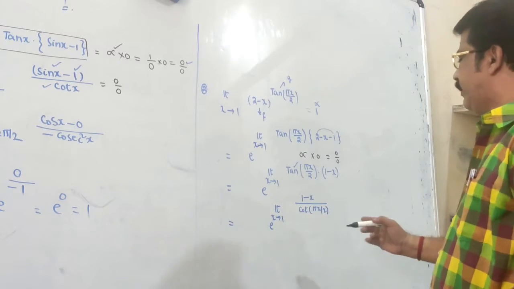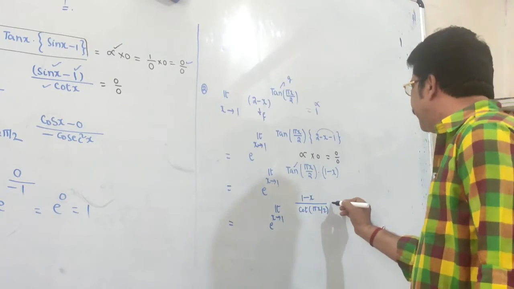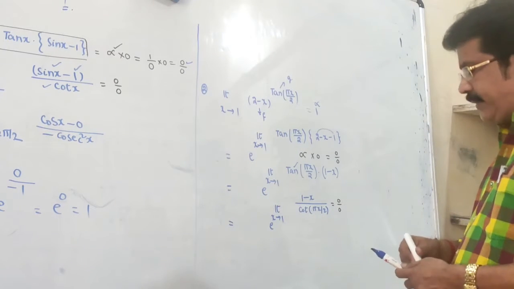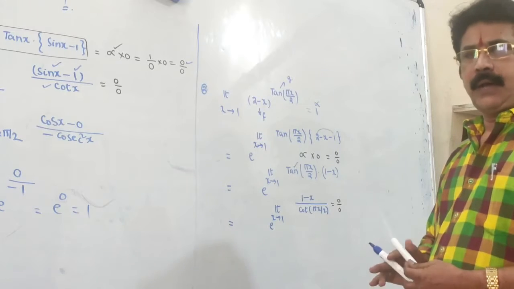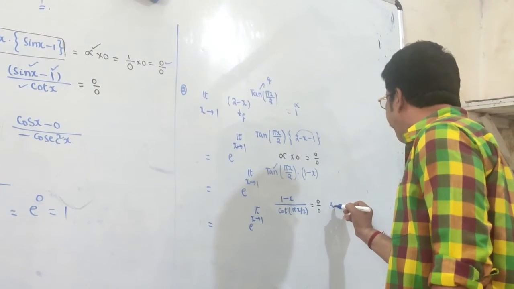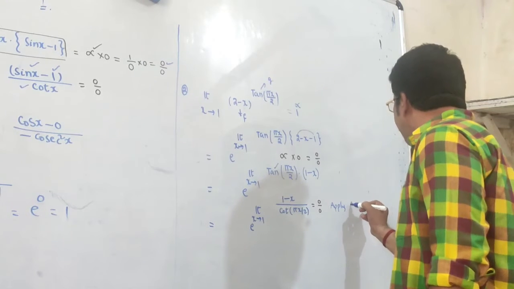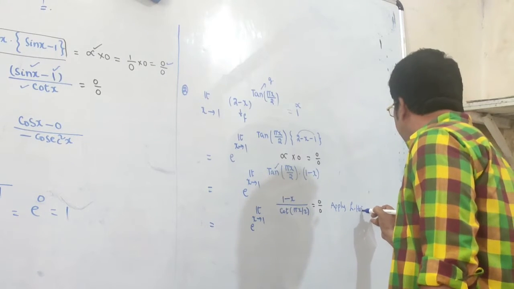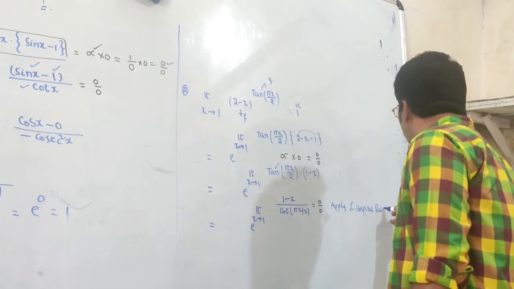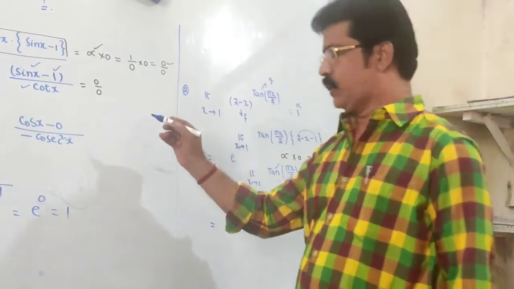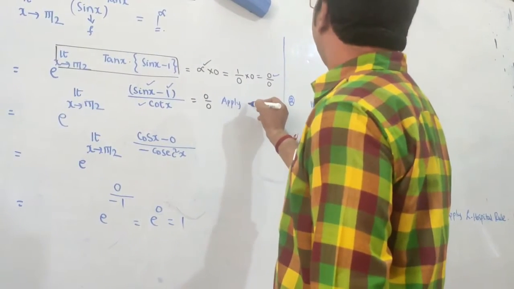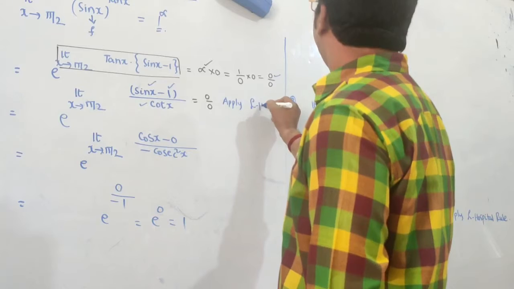Now clearly by putting x equal to 1, it is 0 by 0. Now we are permitted to use or apply L'Hospital rule. Here apply L'Hospital rule.